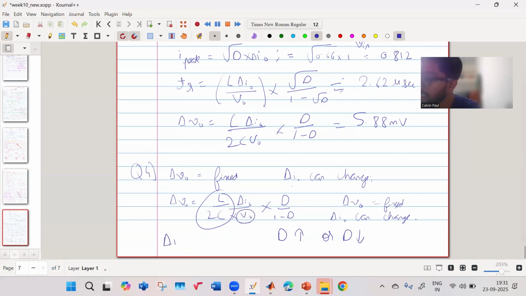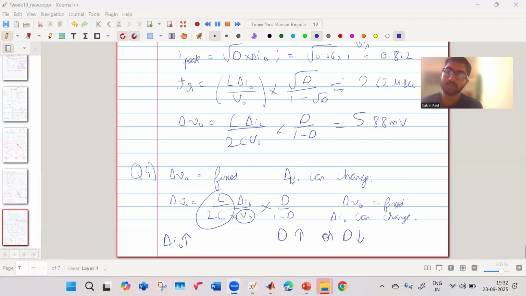So let us assume your delta I naught increases. Should your D increase or should your D reduce, as per this equation? D will decrease.